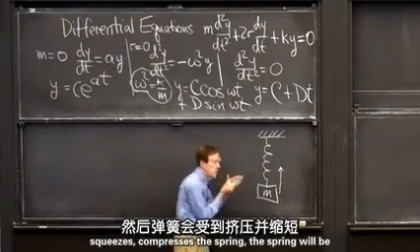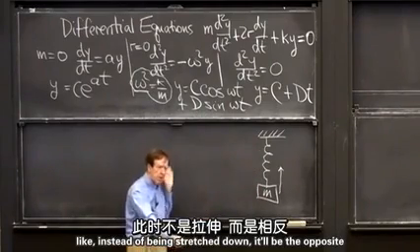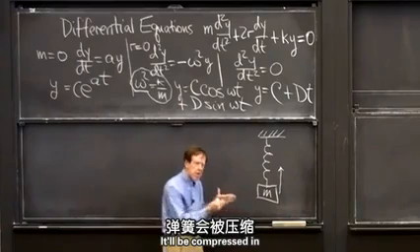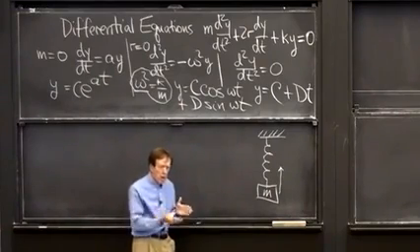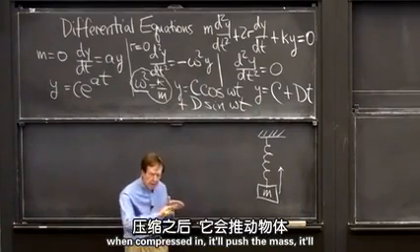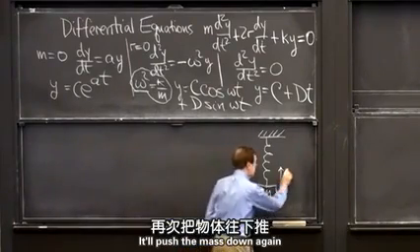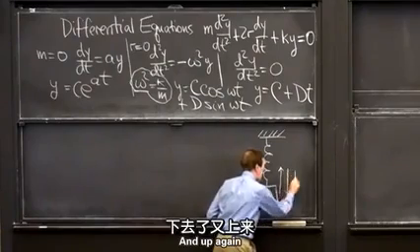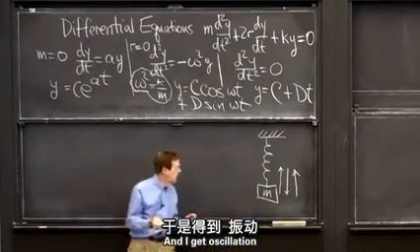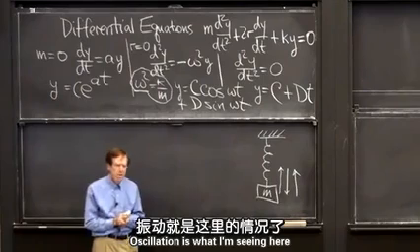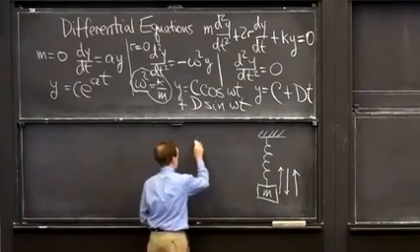Instead of being stretched out, it'll be the opposite, compressed in. And then, being compressed, the spring will push the mass down again and up again, and I get oscillation. Oscillation is what I'm seeing here.